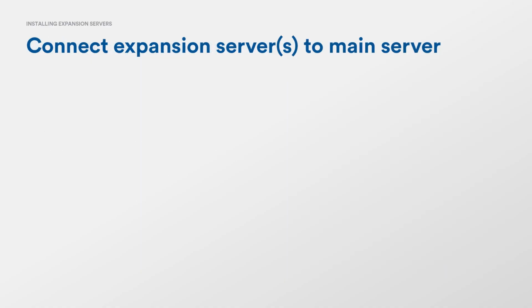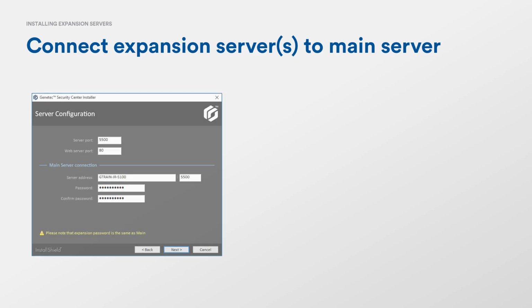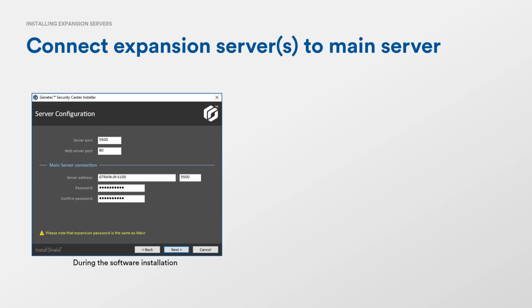If you select Expansion Server in the InstallShield wizard, one of the subsequent dialog boxes you will encounter asks you how to connect to the main server. Unless you've changed them, leave the default ports and enter your main server's name or IP address, as well as its server admin password to connect.